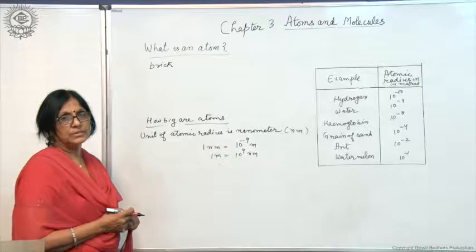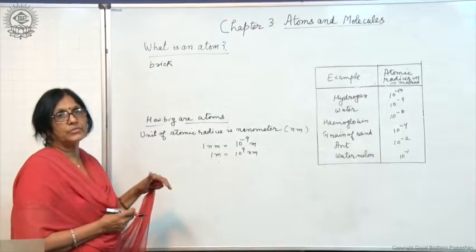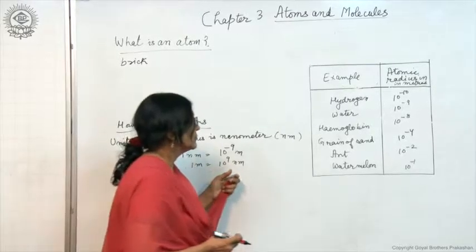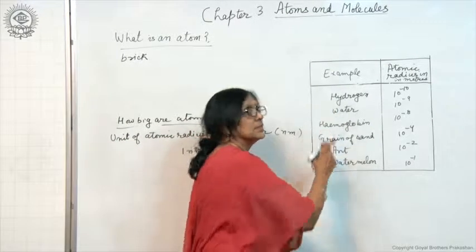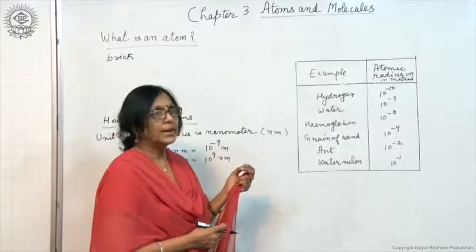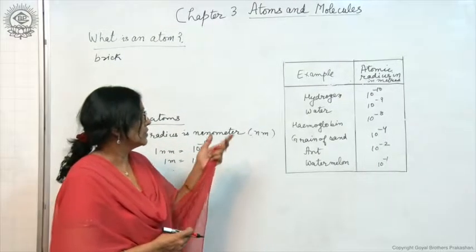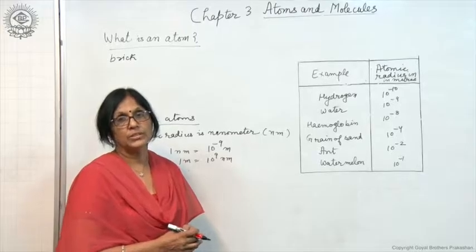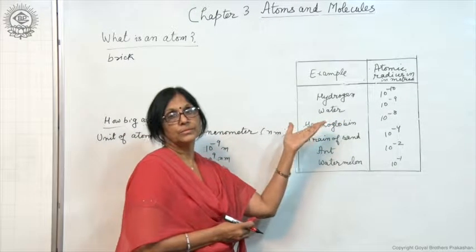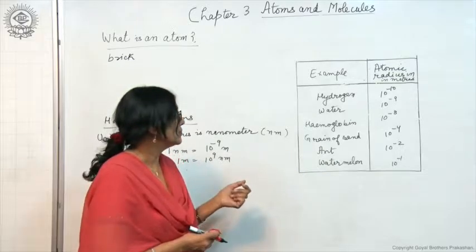Now let us see the relative size of the various particles. The smallest particle, that is atom, hydrogen atom, its atomic radius in meter is 10 raised to the power minus 10. Water is a compound made up of water molecules.